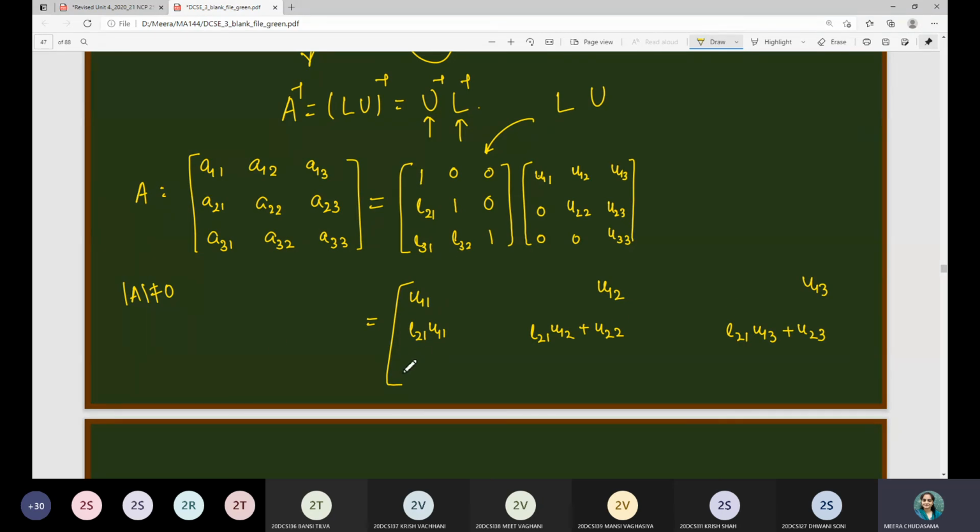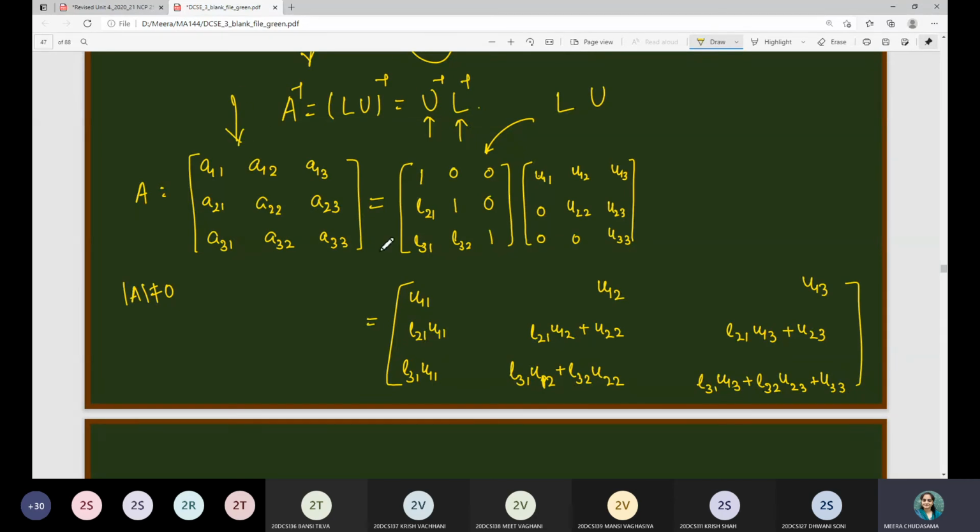If you consider the third row, it is L31 U11 plus 0, then the second column will be L31 U12 plus L32 U22 plus 0, and the last one is L31 U13 plus L32 U23 plus U33. This is what the matrix multiplication would be.